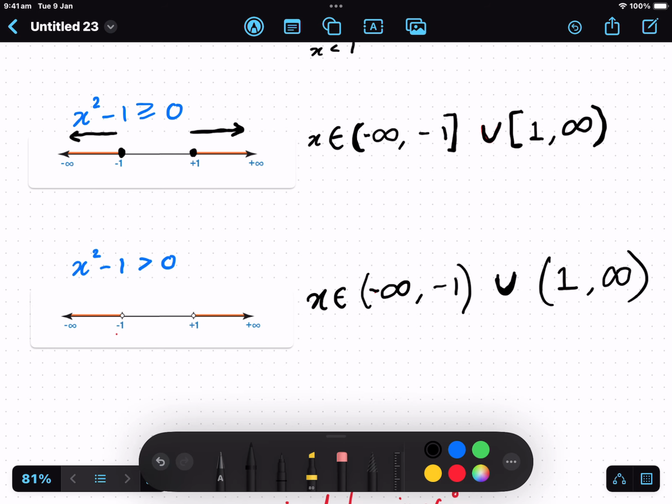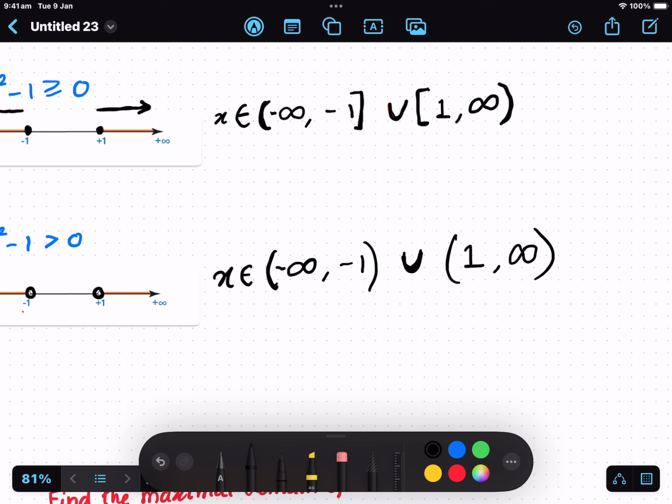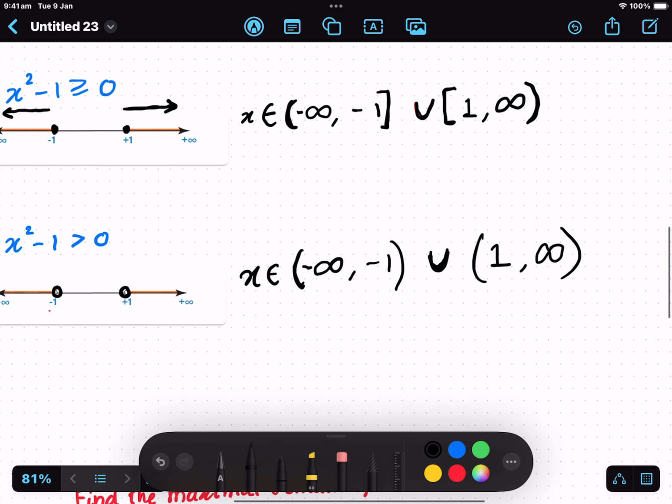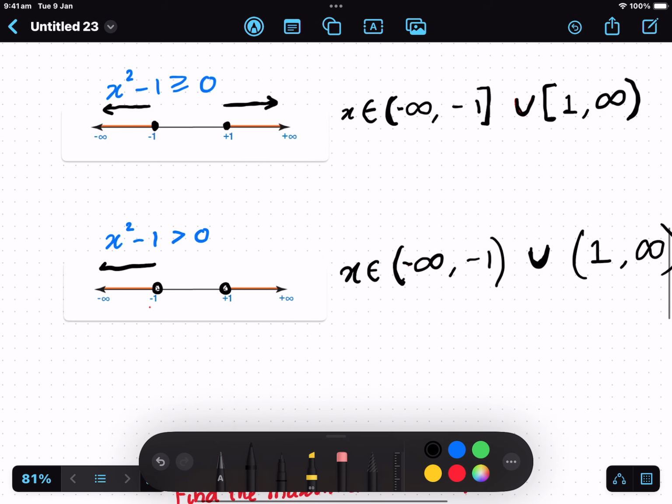It's just greater than, so we have an open circle with nothing shaded in, and that means we also use a circle bracket. Remember that we always use a circle bracket for infinity. So x belongs to negative infinity to -1, union 1 to positive infinity, and we can write the arrows here showing that.